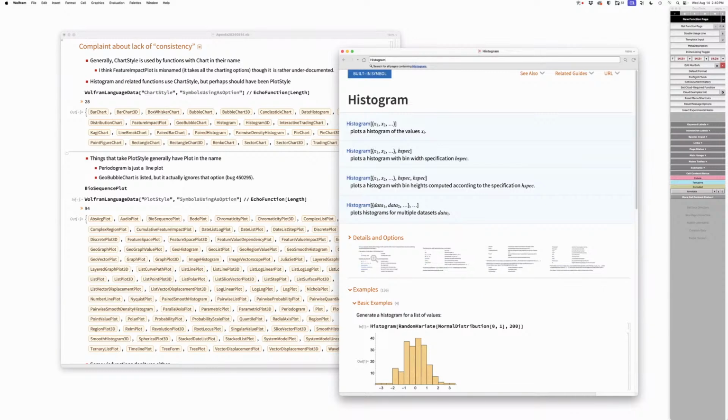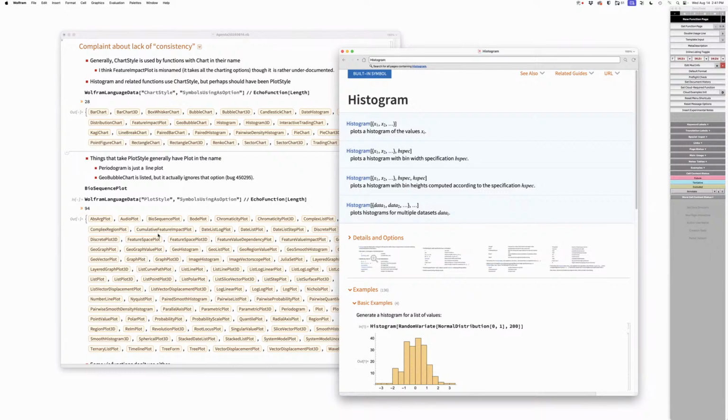Histogram. I mean, are there any plots that are filled by default? Yeah, geograph value plot. Yes. And stacked list plot. So what's the difference between histogram and stacked list plot? Why does one of them have a plot style and one of them have a chart style? Right.